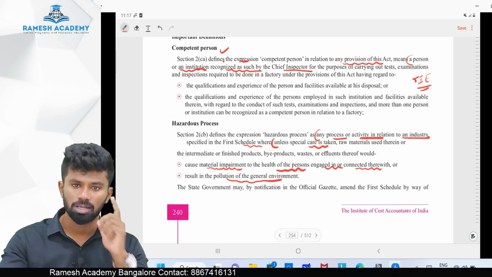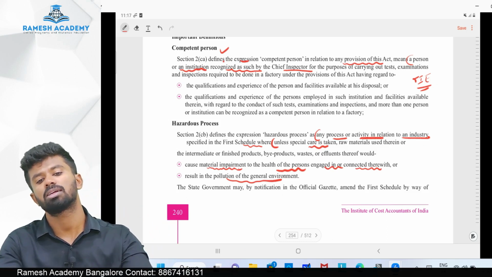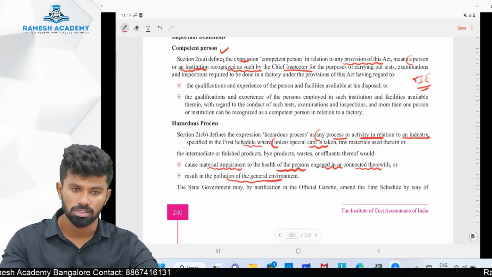Such a process is considered what? Hazardous process.